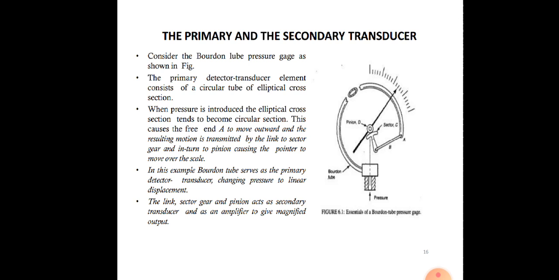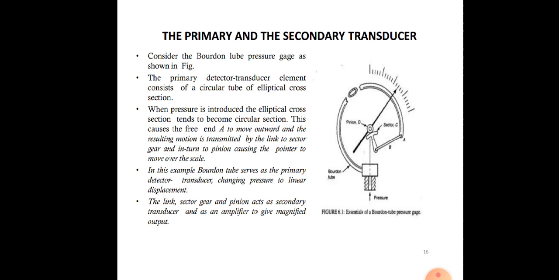Let's start. What is a primary transducer? Taking the example of the Bourdon tube pressure gauge, the primary transducer is the Bourdon tube, which has an elliptical cross section as shown in the figure. It is treated as a primary transducer, it is the detecting stage, and it detects only the pressure.